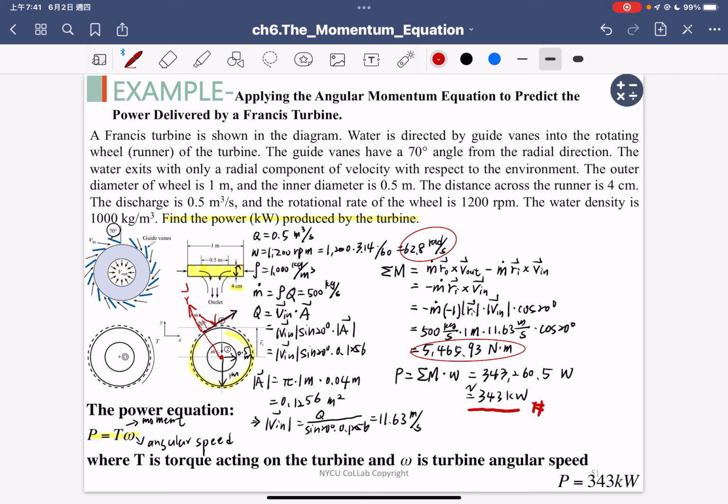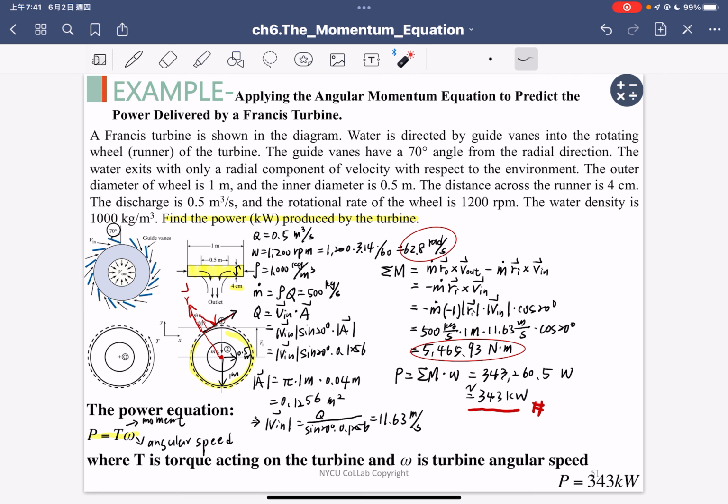Okay, so that's a very typical problem. We already know the angular speed of the runner, and we know that the velocity has an angle with the radial direction of the fans of 70 degrees.